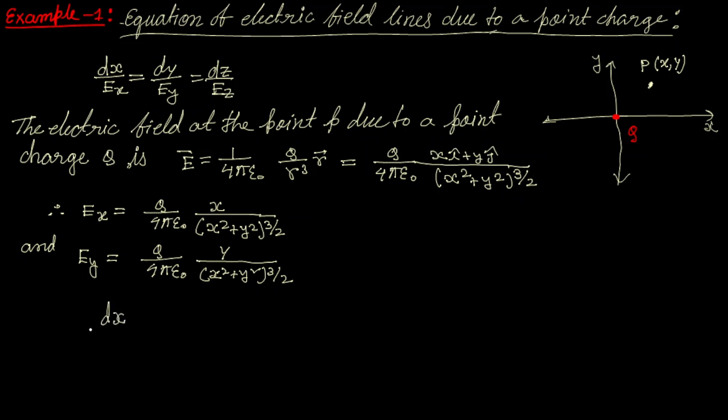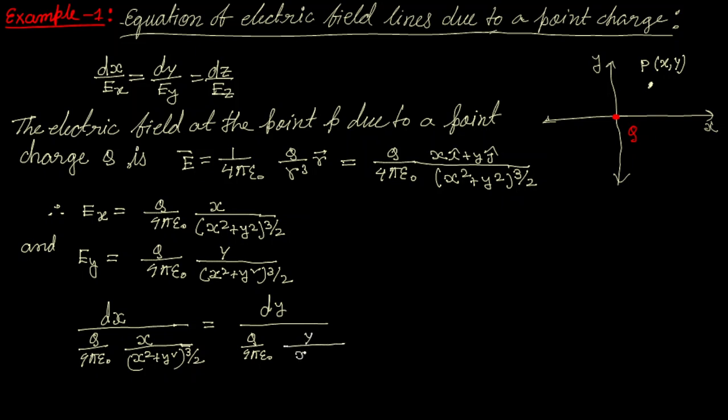We'll get dx divided by Q divided by 4 pi epsilon naught into x divided by x square plus y square, all to the power 3 by 2, is equal to dy divided by Q divided by 4 pi epsilon naught into y divided by x square plus y square, whole to the power 3 by 2.